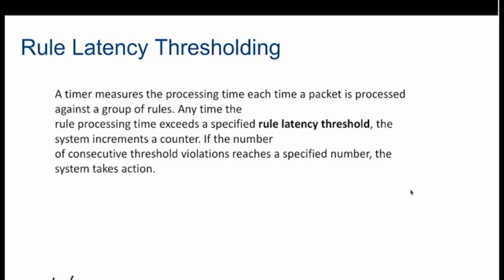Next is the rule latency threshold. What this basically means is, let's assume there are 9,000 rules in the system, and a few rules are written in a non-optimized way and are taking a lot of time in processing.